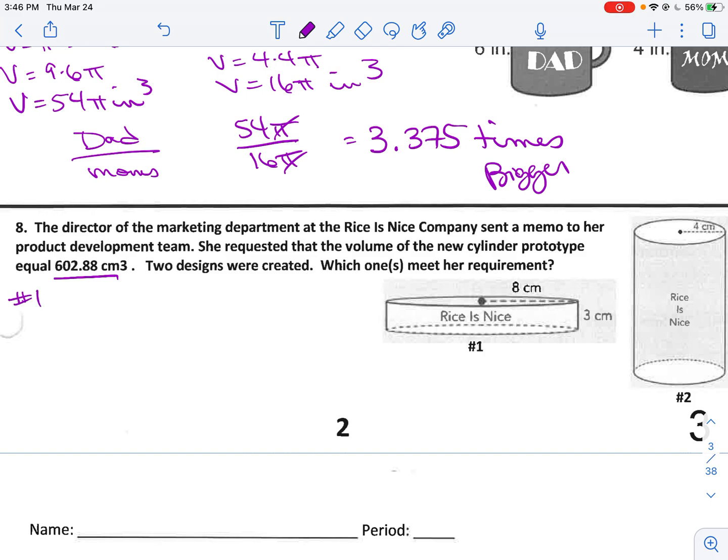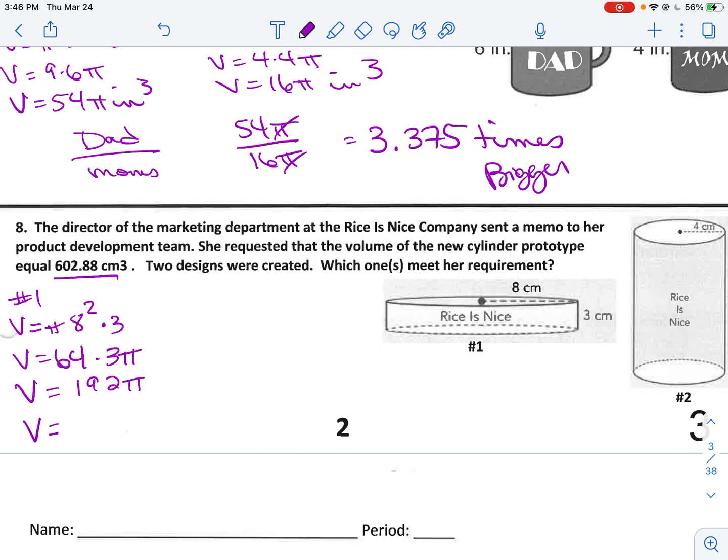I guess I could do different colors. Volume equals pi 8 squared times 3. So the volume on this is going to be 64 times 3 pi. Volume here will get 192 pi.